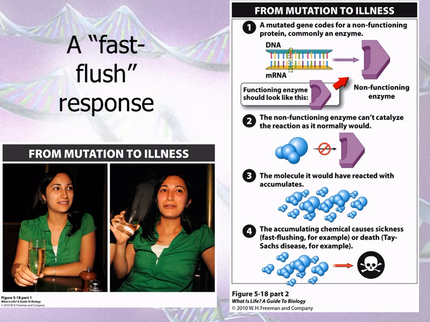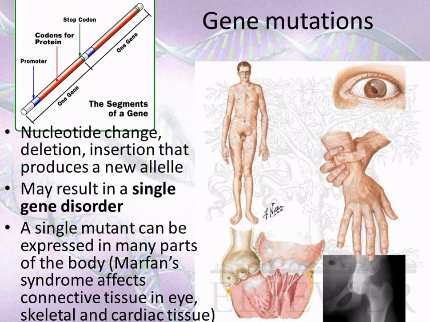That's what you're thinking. But in this situation, she has one drink and you can see her face turns flush because she can't process the alcohol. So they get this fast flushing syndrome. Their blood vessels start dilating and opening up because of the toxins in their body. It's an interesting thing.